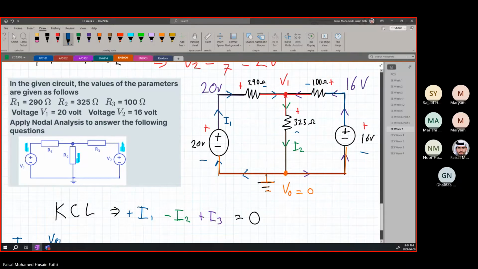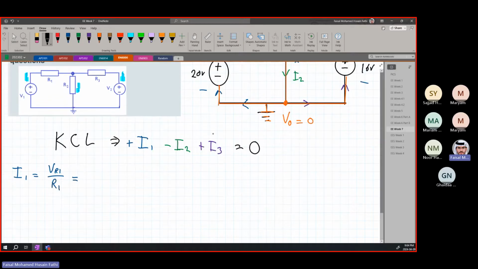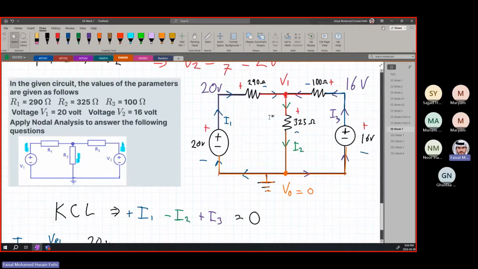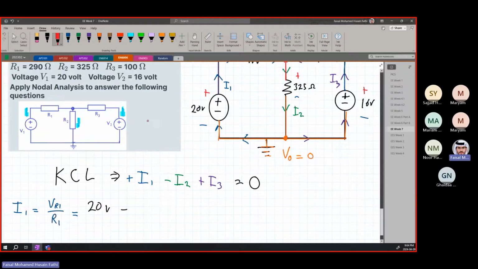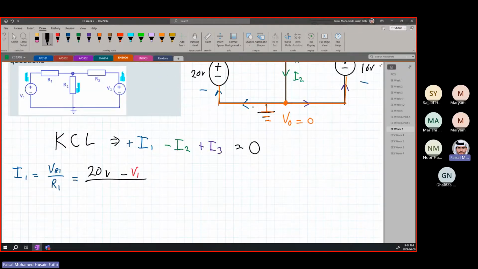I1 over here and I2 over here, this is the current. 20 volts minus, what do we have on the other side? V1, which we need to find out. So 20 minus V1 divided by R1. What is R1? 290 ohms. No need to put the unit.